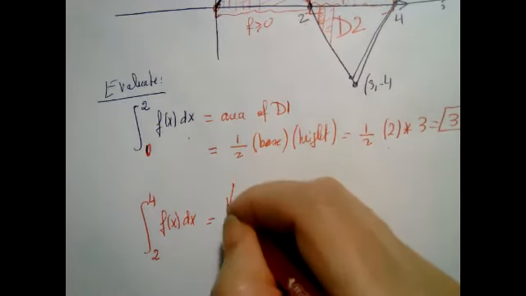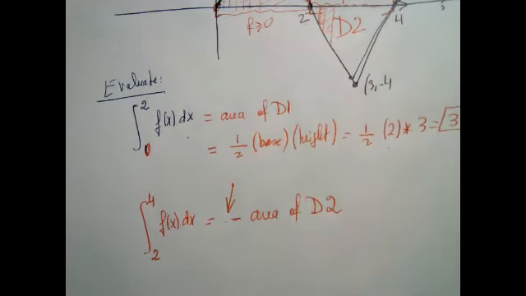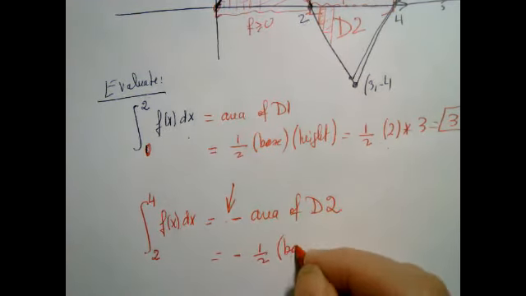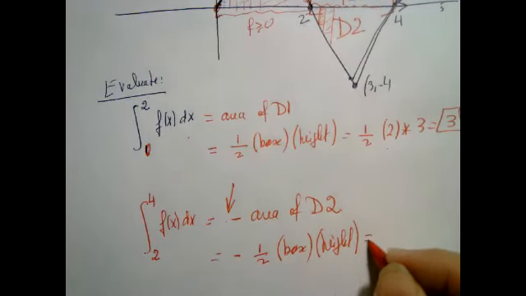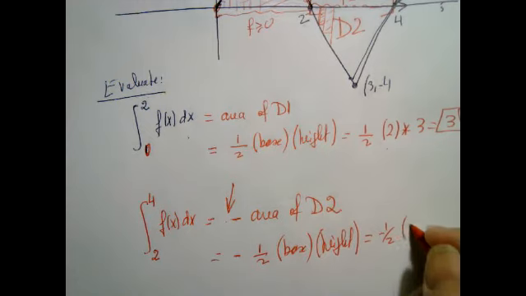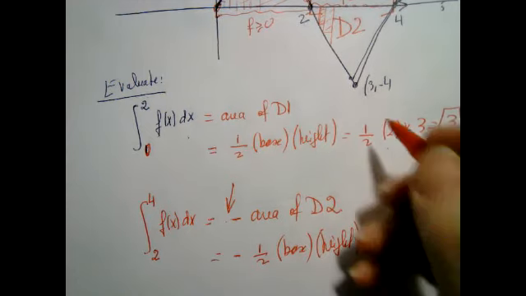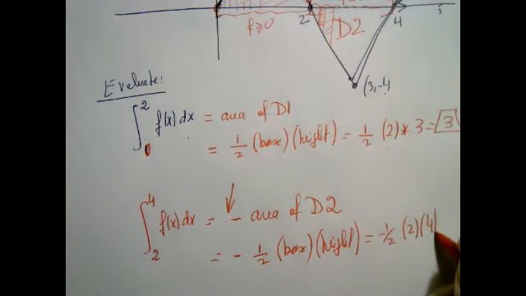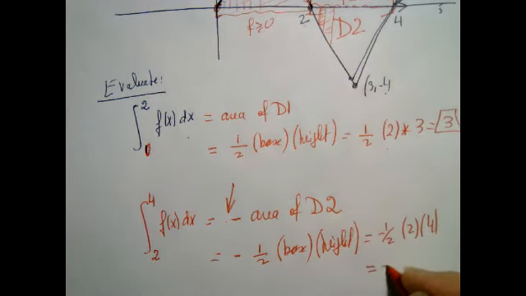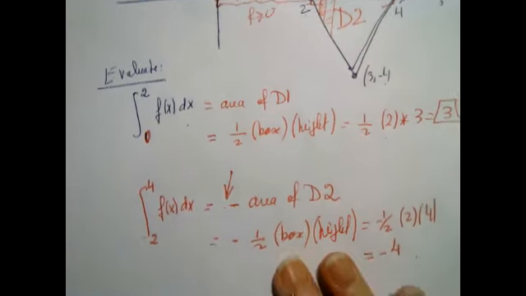The integral is negative in this case, which is minus half the base times the height. It means minus a half times 2 times 4, which gives me minus 4.